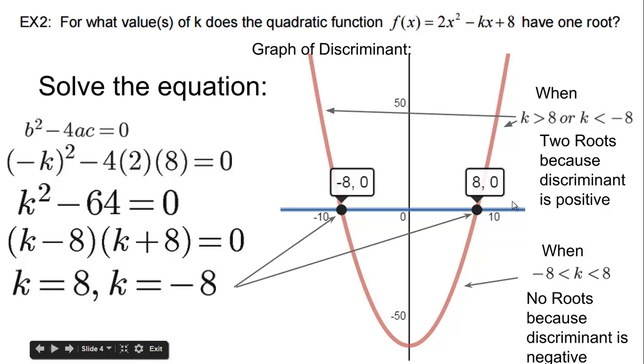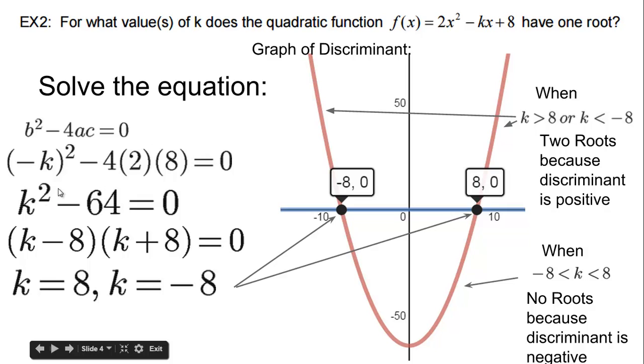This is a really valuable thing to do, to quickly graph the discriminant. You don't even need to graph the y-intercept. All you need to understand is it's a parabola with these zeros and it's opening up. So if you can graph that discriminant, you can find out a little bit more about it, and that really does help.